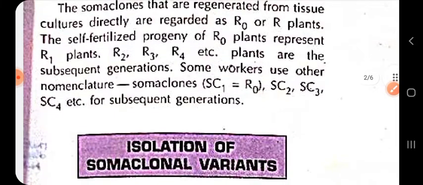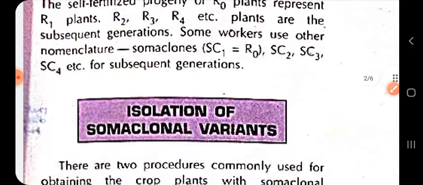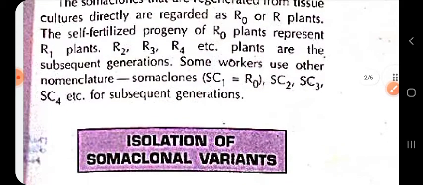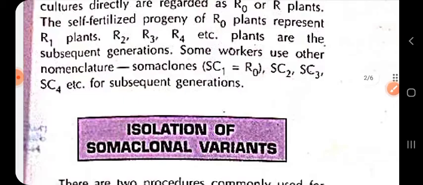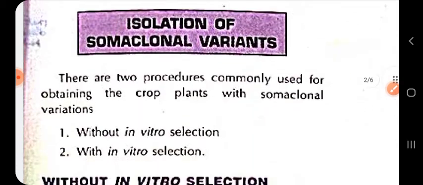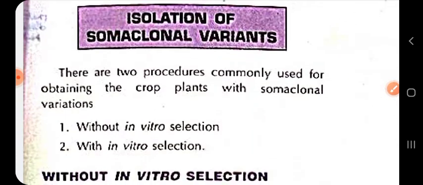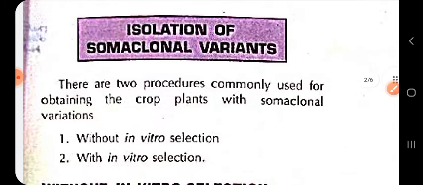Now the main question arises: how can we isolate the somaclonal variants? Different ways are there, and we have to look through these ways. There are two procedures commonly used for obtaining crop plants having somaclonal variation. Why are we doing this type of variation, why are we changing the chromosome number?